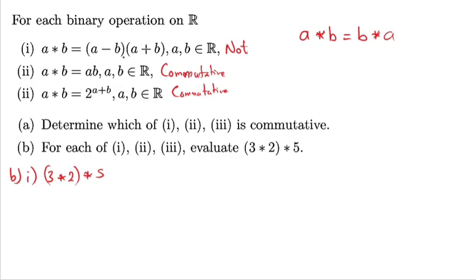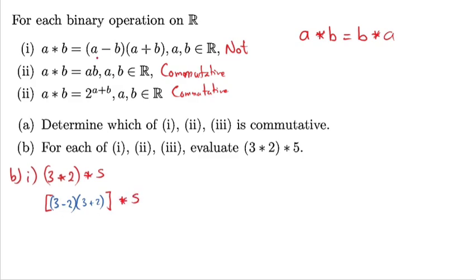Using that operation in part 1, which is A minus B, A plus B, it will be 3 minus 2, 3 plus 2. Now remember, we still have star 5.